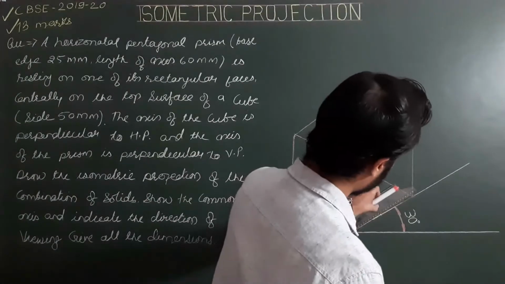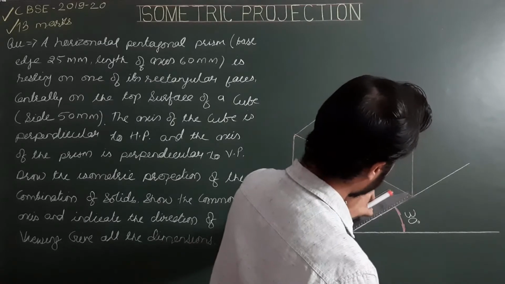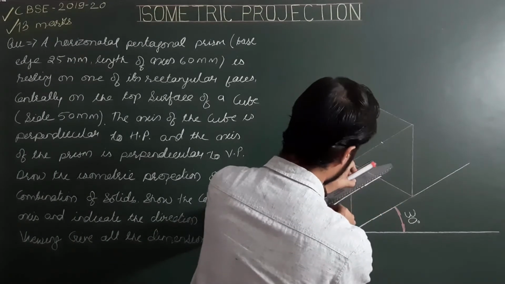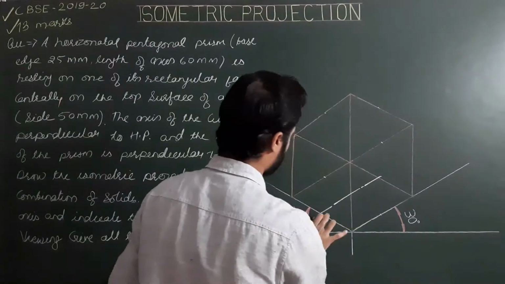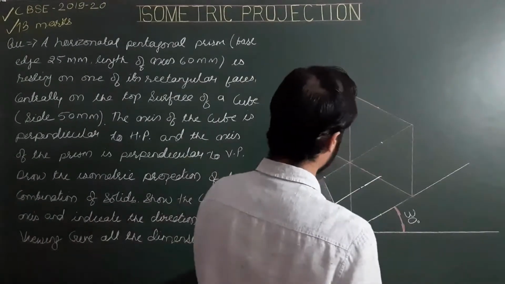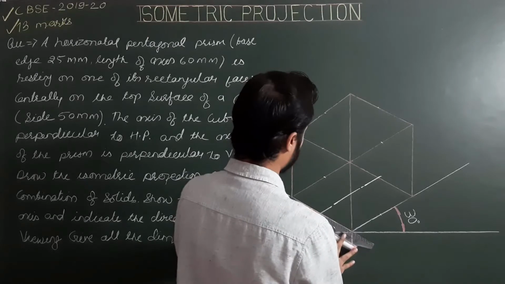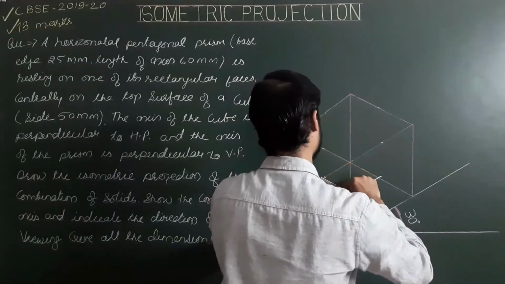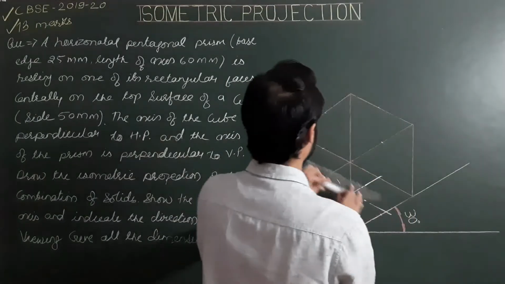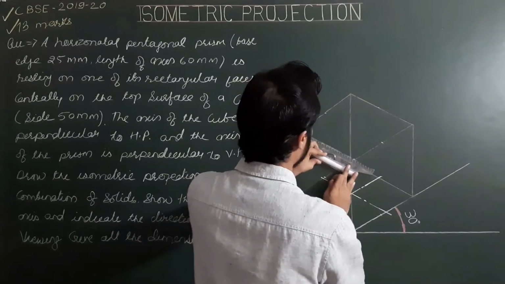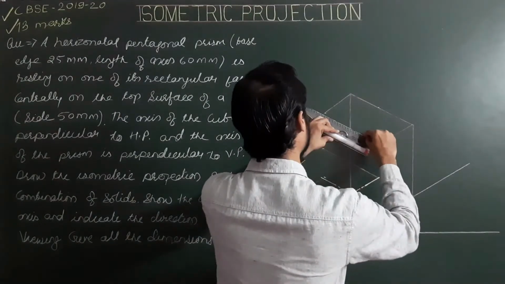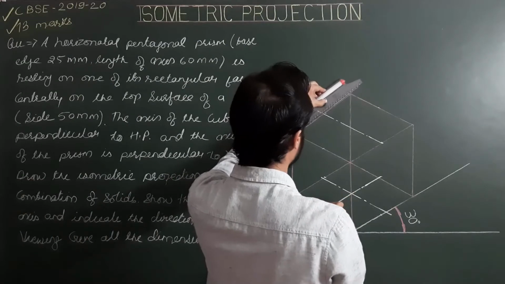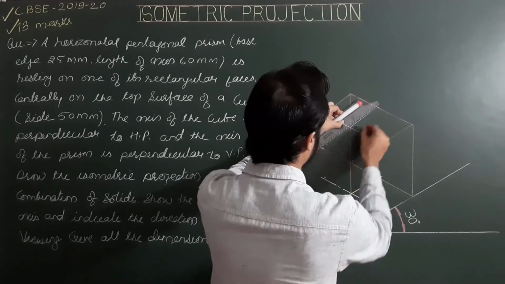So the center lines are lines parallel to the first and second ISO axis for the lower base, and for the upper base, parallel to the second ISO axis and parallel to the third ISO axis.